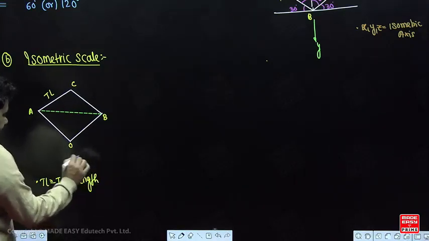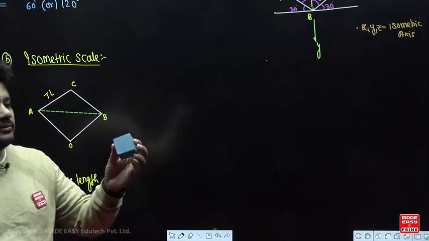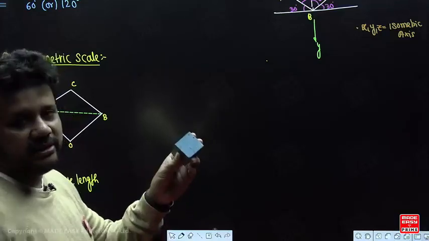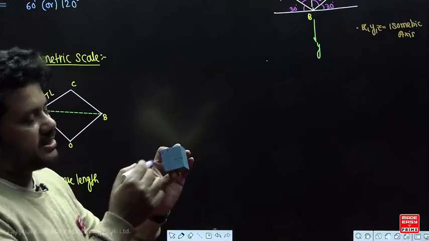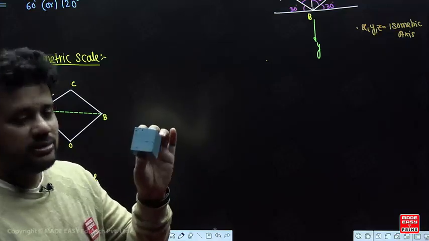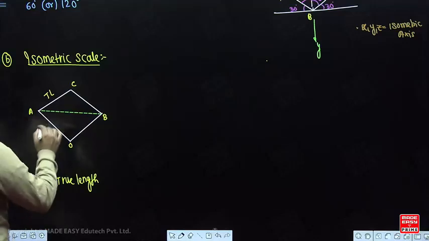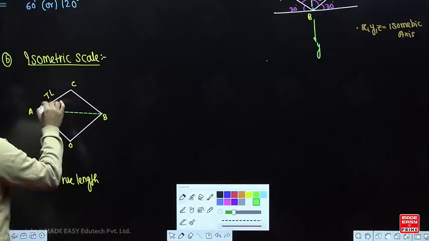Now see very carefully. This is a cube. This is the true length, that is 3 centimeter, 3 centimeter, everywhere it is 3 centimeter. What is the actual angle? You will say it is 90 degree, true angle. So if the true angle is 90 degree, this angle is how much?